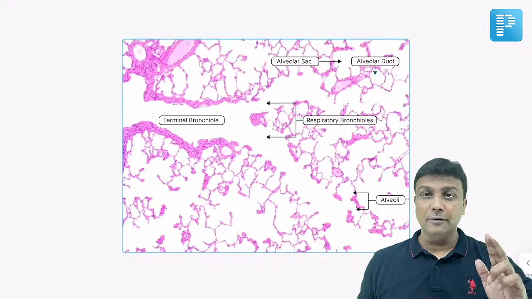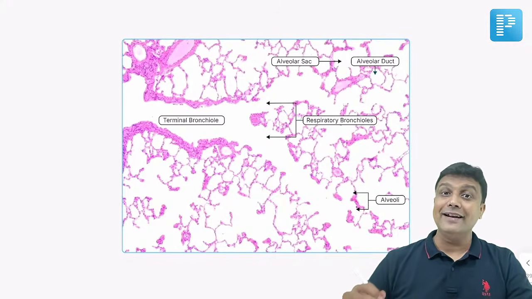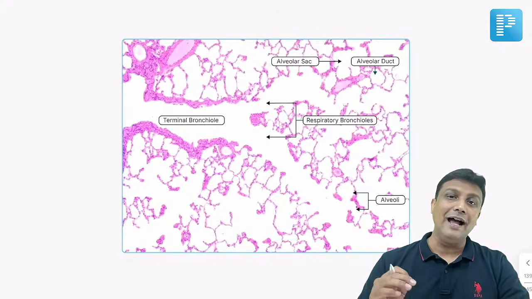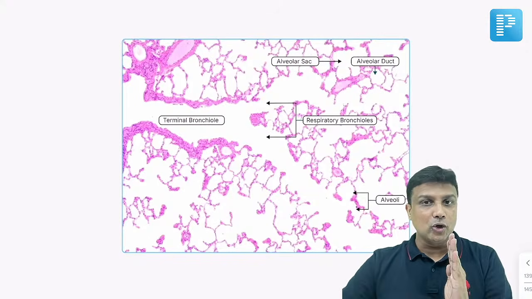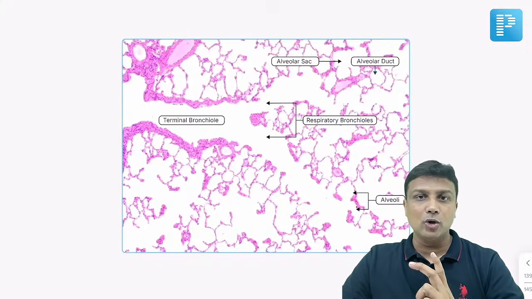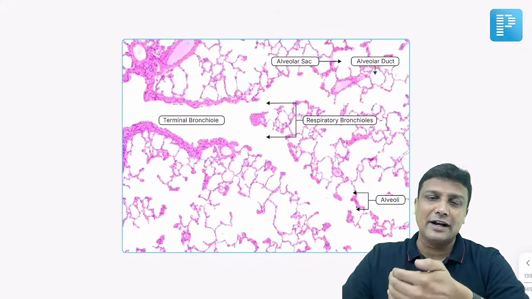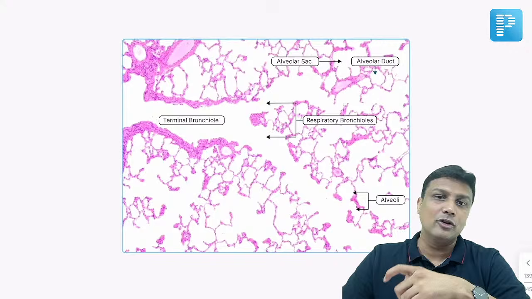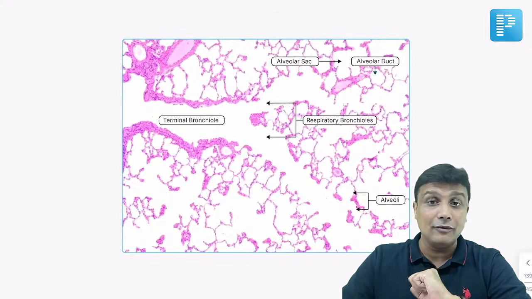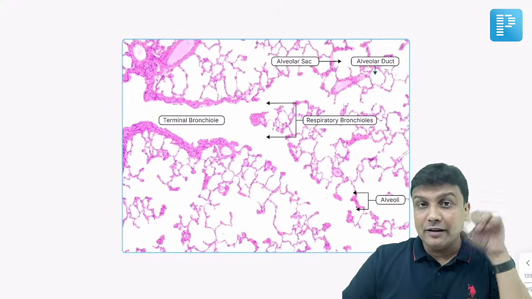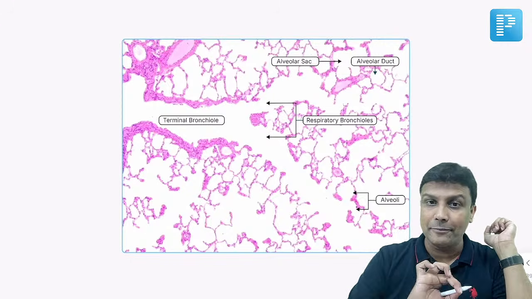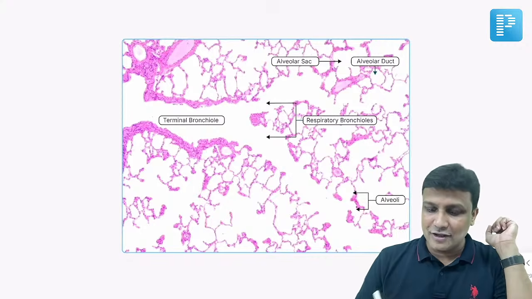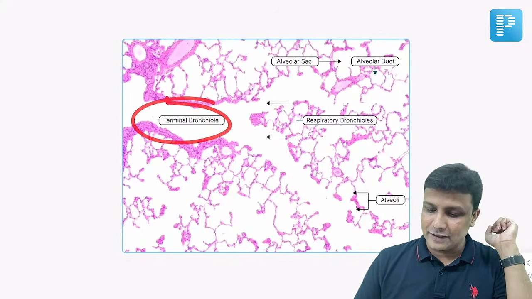Try to recall, after the terminal bronchiole is the respiratory bronchiole, and from there the alveoli formation starts. First there will be the terminal bronchiole, then the respiratory bronchiole, after that it continues into the alveolar duct, and then you will have the alveolar sac, and then there will be alveoli. Fine. So from the respiratory bronchiole itself the alveoli formation will start. So how to differentiate, sir, that this one is the terminal and this one is the respiratory bronchiole?